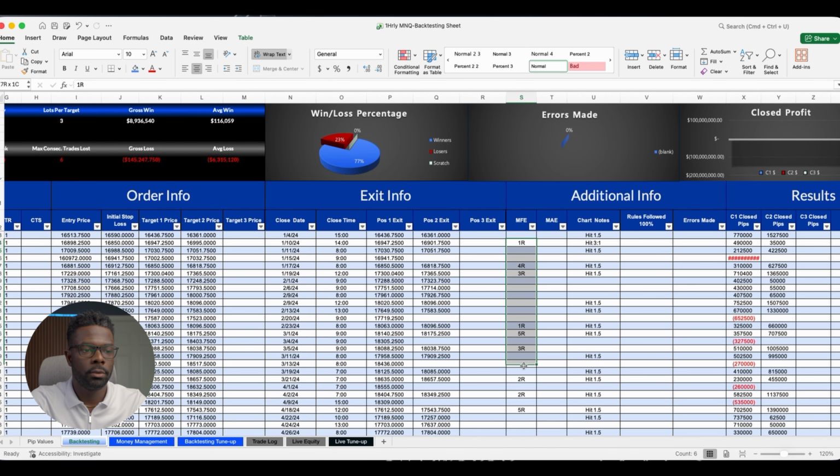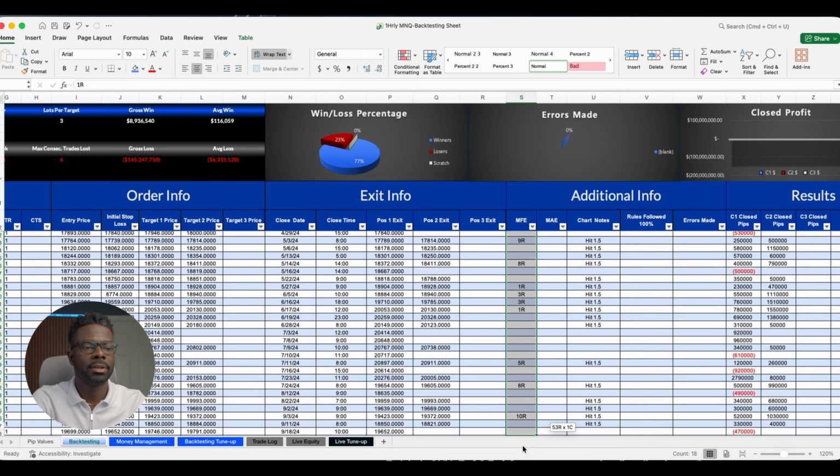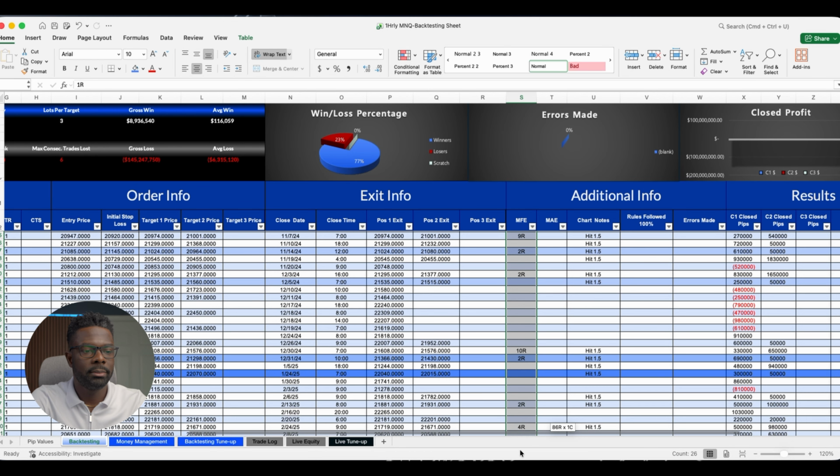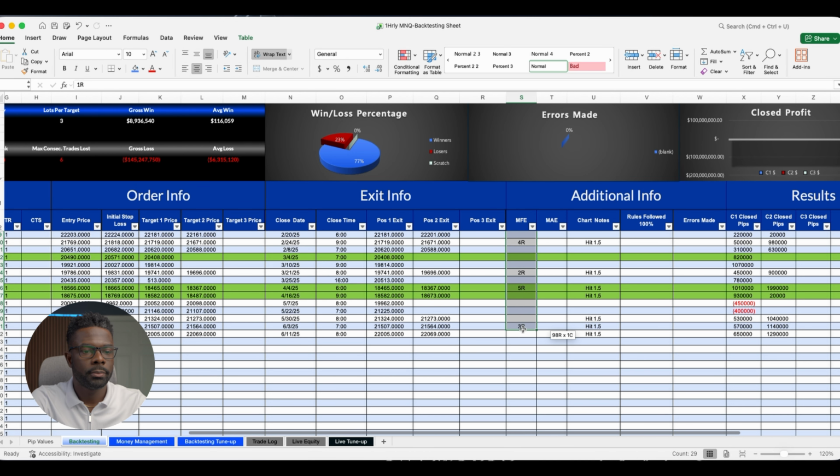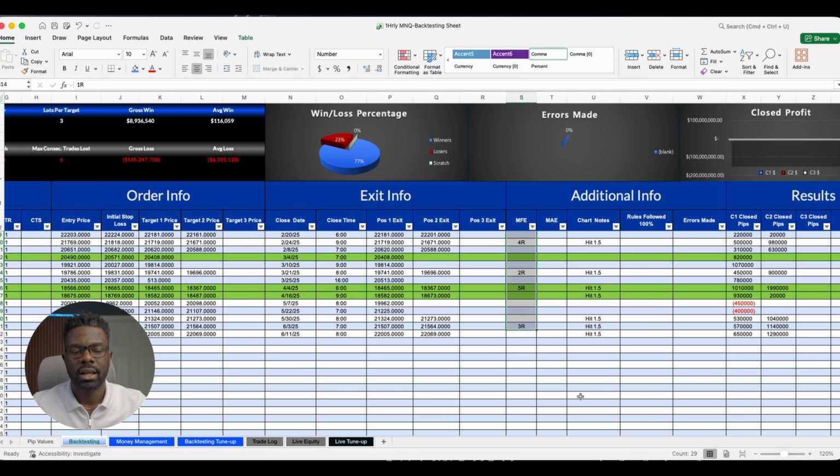If I grab all this and count how many times I had a maximum favorable excursion, you will see it's 29. So out of the 77 trades of that 100 that actually hit take profit, 56 of them hit 1.5 and 29 of them went beyond the 2 to 1.